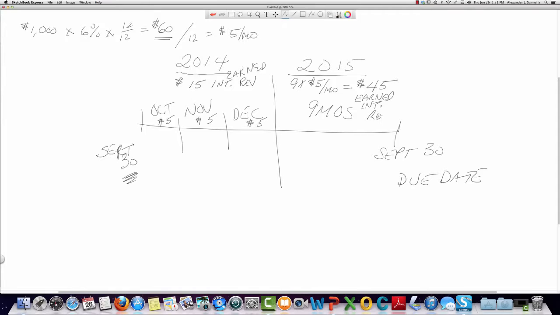Interest revenue. Now, in this case, you're not making payments until the end of the period, so the maturity value of this note is principal plus interest.